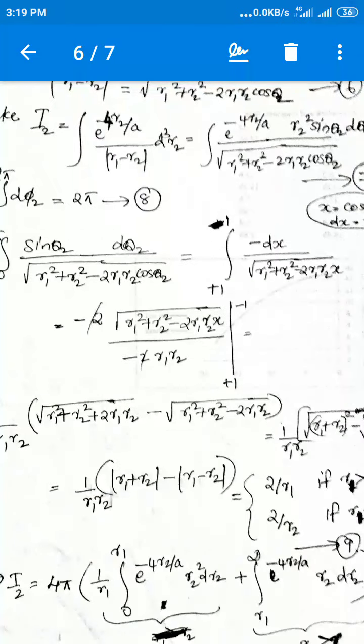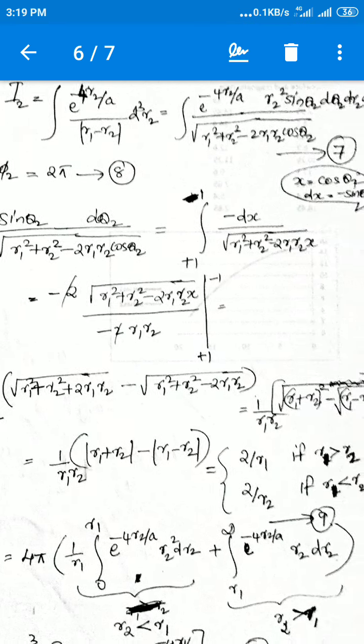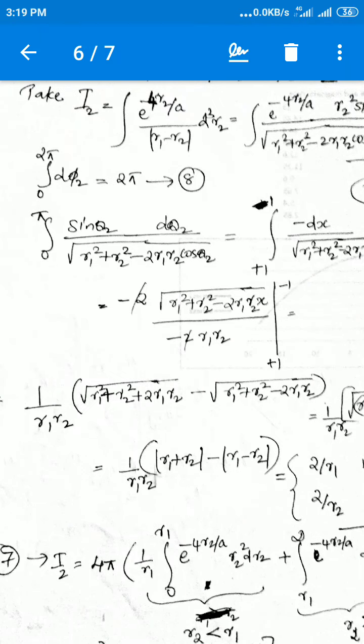So after putting in the integration limits, you will get 1 by r1 r2 into the root of r1 squared plus r2 squared plus 2 r1 r2 minus the root of r1 squared plus r2 squared minus 2 r1 r2.